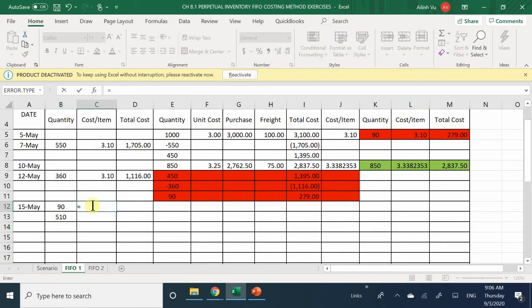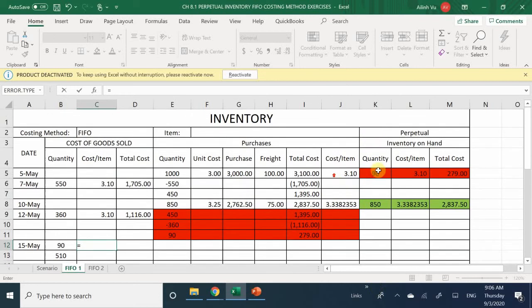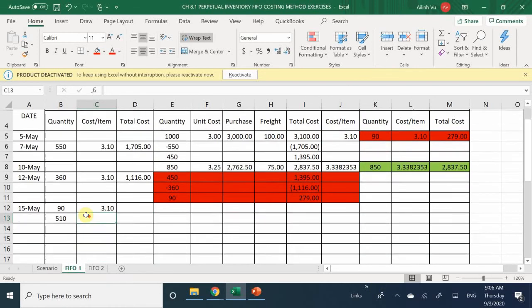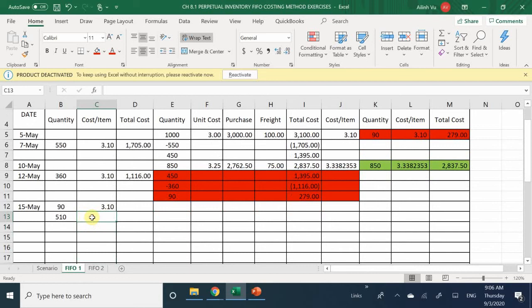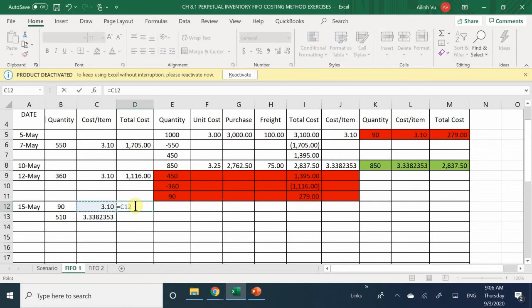So again, here we're going to take the red batch, and then here we're going to also take from our green batch. Let's go ahead and multiply them across. We don't even need to calculate this part because we know we're taking all of our 90.